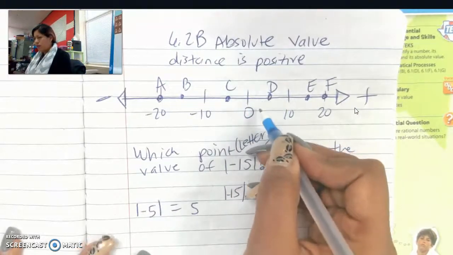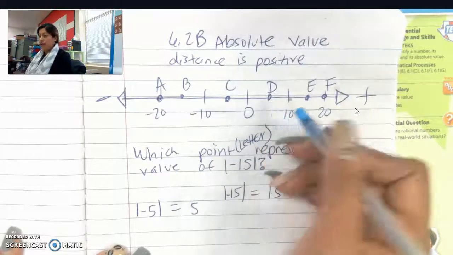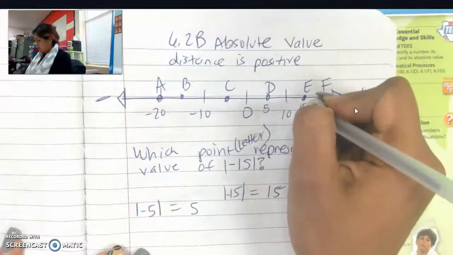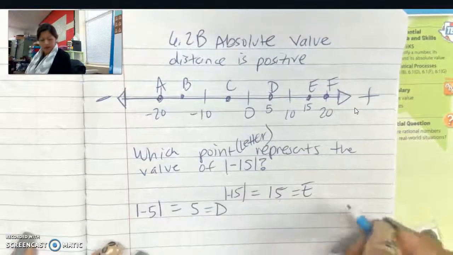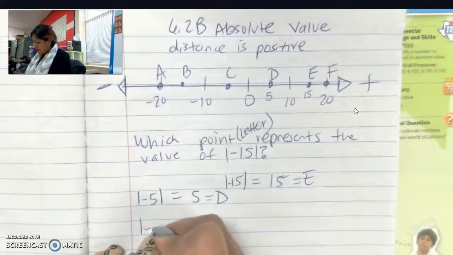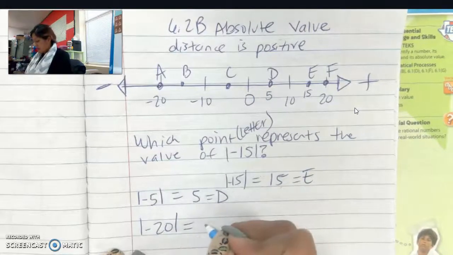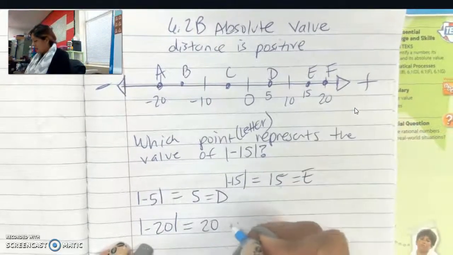So the middle of half of 10 is 5. So this one is D. All right. One more on the negative kind. See? It's going to be a positive 20. So that's going to be F.